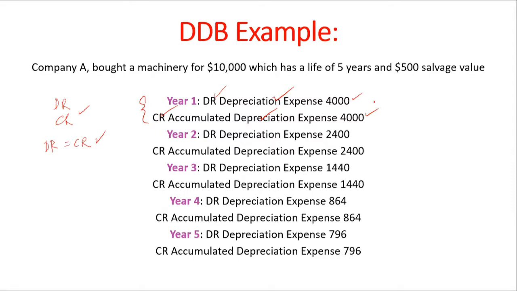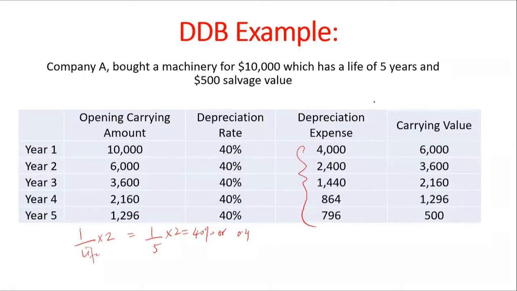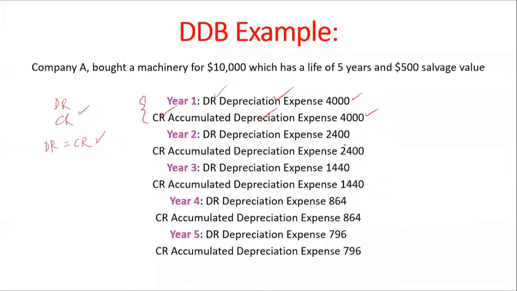Continuing with the same example, for year two the depreciation expense calculated is $2,400. In year two, you would again debit depreciation expense with $2,400 and credit accumulated depreciation with $2,400. Similarly, you would make the entry for year 3 to year 5. You will always debit depreciation expense and credit accumulated depreciation.